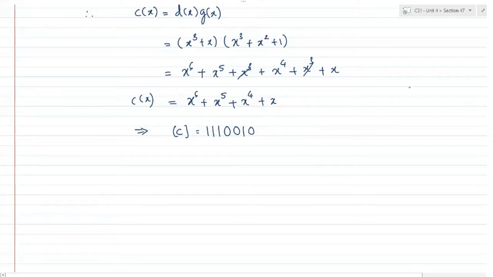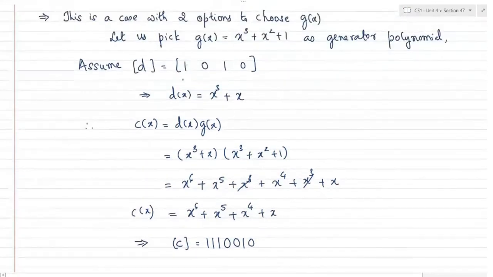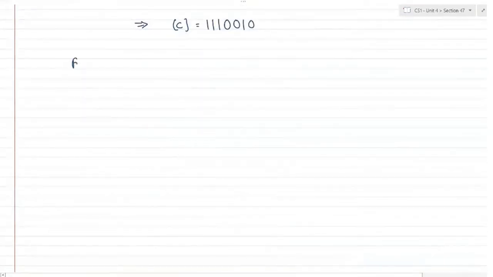Similarly, you can extend the same for any other data vector, because there are 2 power k combinations. As I told, there are 16 possible data vectors. So you can take just one more case with all ones, d as 1 1 1 1.